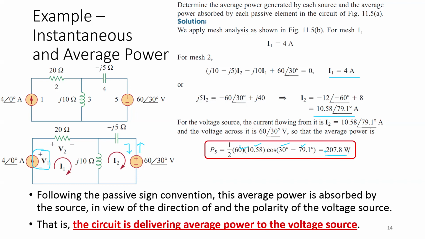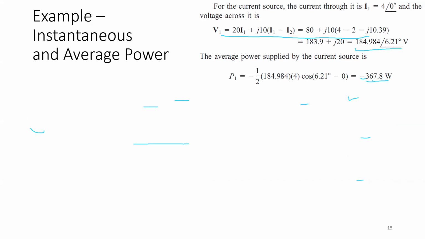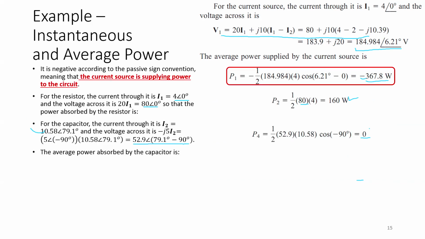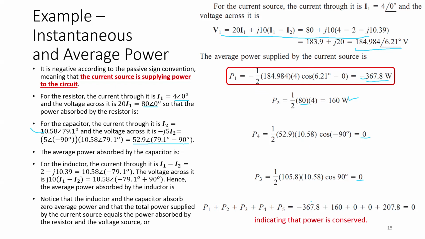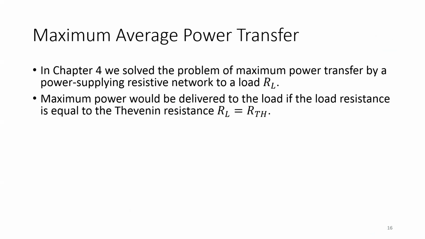Summing up these two, we must get the supplied power, which we are actually getting. So this indicates that the power is conserved. There is no extra power. The power from all the elements should sum to 0. This is what is mentioned with this equation.